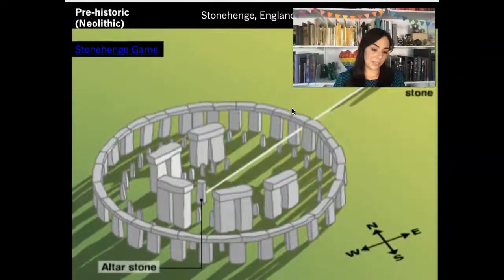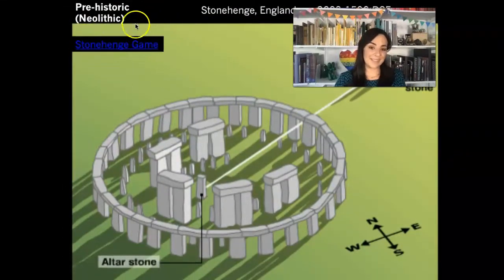I like that question because it brings me to this game here. I'm highlighting the Stonehenge game. Below in this list of videos, I'm going to put a link to the Stonehenge game. It's a simulation game where you can try to figure out, using the limited tools at your disposal and the manpower at your disposal, how would you bring and then erect these stones.